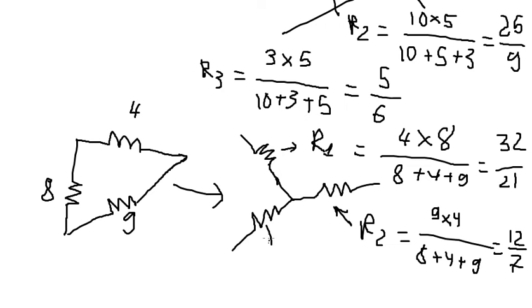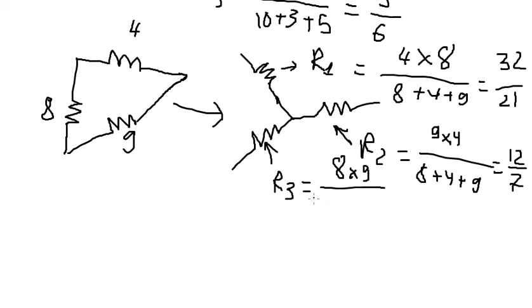And the last one, R3, is between 8 and 9. So we have 8 plus 4 plus 9. We calculate this one, and we got 24 over 7.